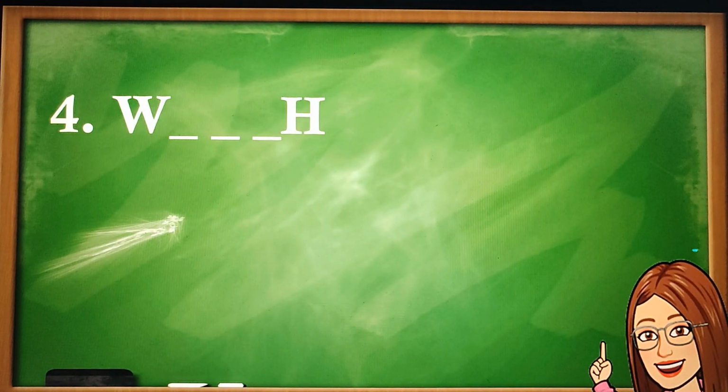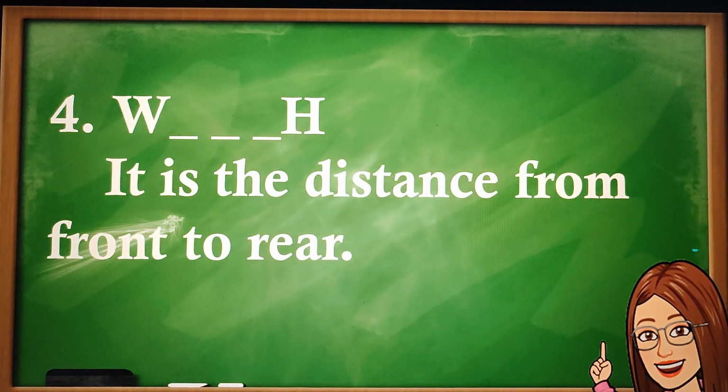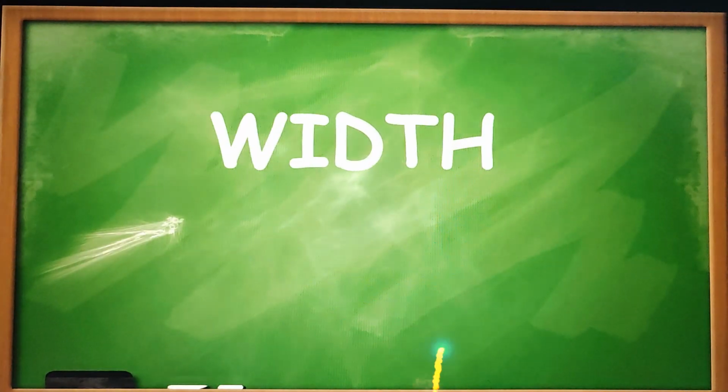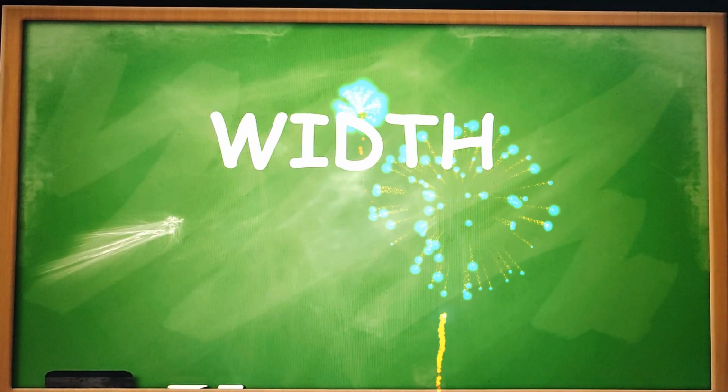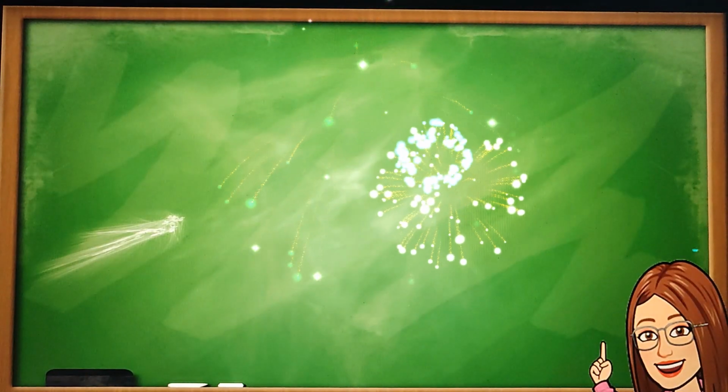Now, let's proceed to number 4. 5-letter word. It starts with W and ends with H. It is the distance from front to rear. Great! The answer is width. Let's proceed to the last one.